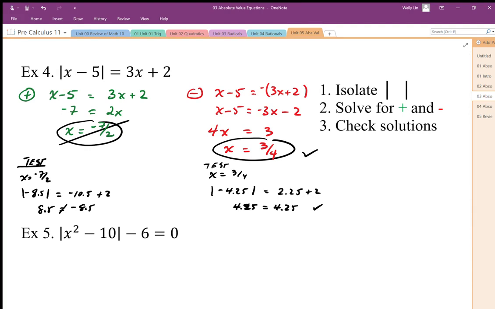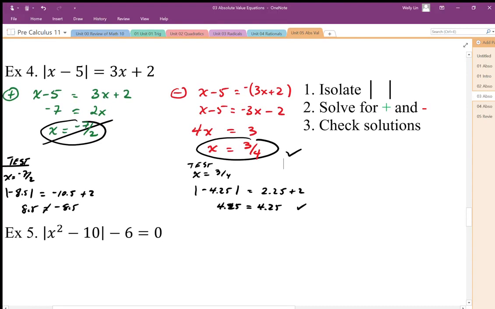Now, you may be asking, why is there only one extraneous solution and the other one's good, whereas before they both were extraneous? Let's take a closer look at this. You can go ahead and graph this too on your Desmos. If I were to graph the left-hand side in purple here, that's a V-shaped graph that bounces at 5, right there.